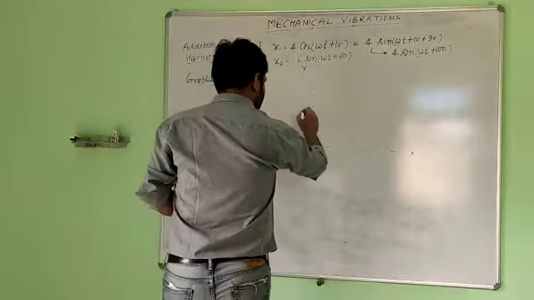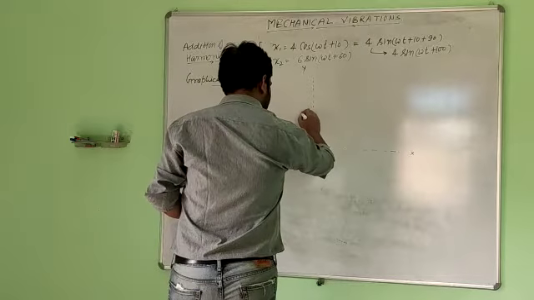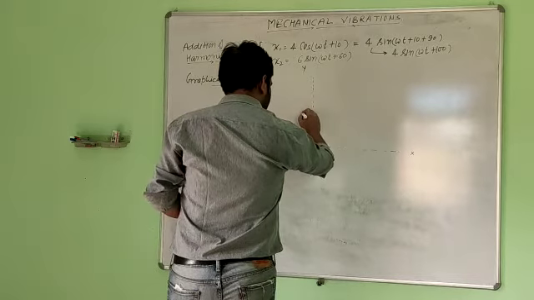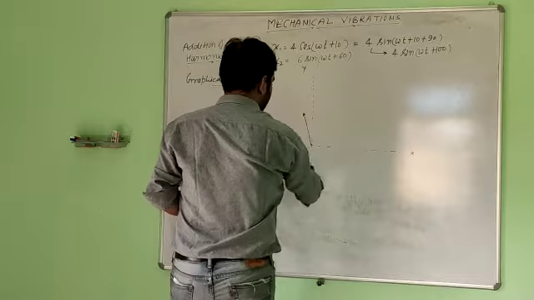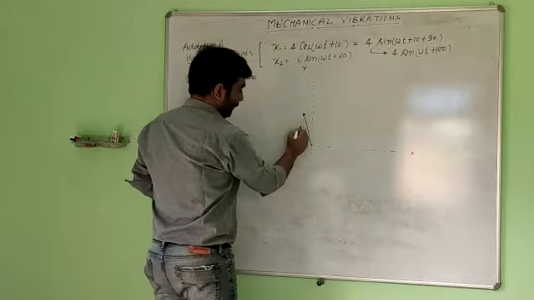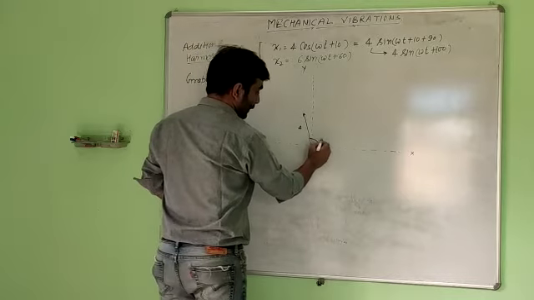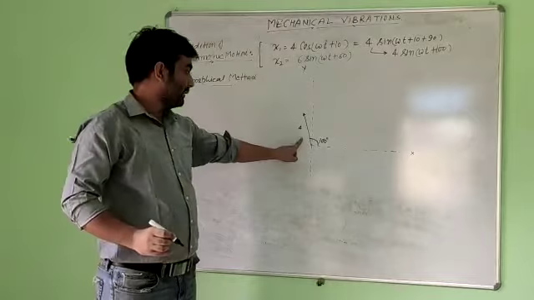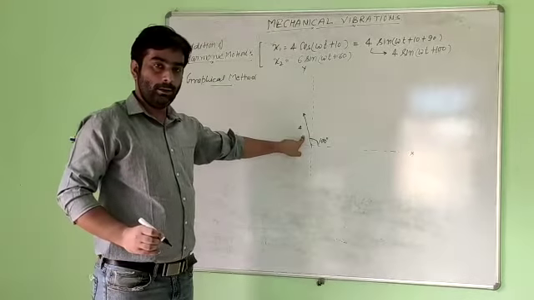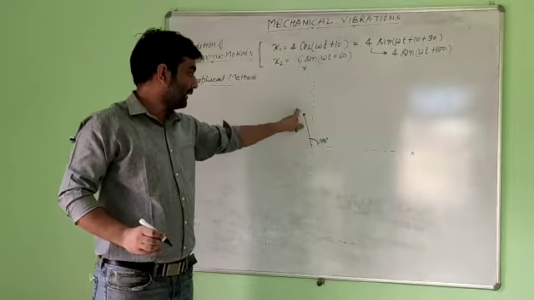So we take a vector of amplitude 4 having a 100 degree phase angle. This is the representation of x1, the first harmonic motion.